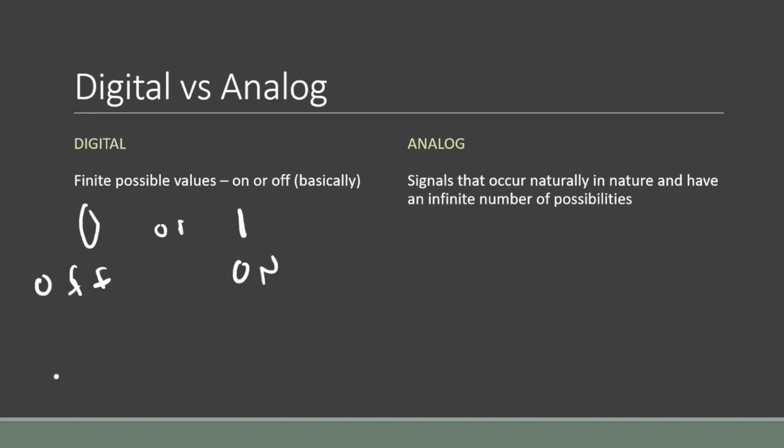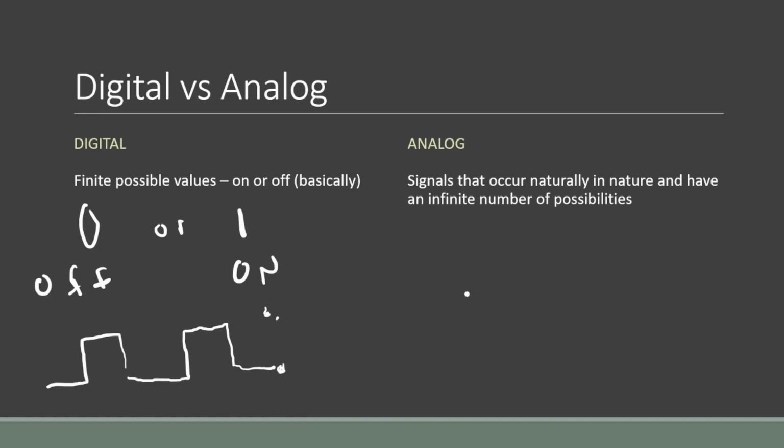And over time, something's going to be off, and then it's going to turn on. Then it's going to be turned off, then it'll be turned back on. It's going to look just like that. You're either down here off, or you're up here on. That is basically what binary is: off or on.